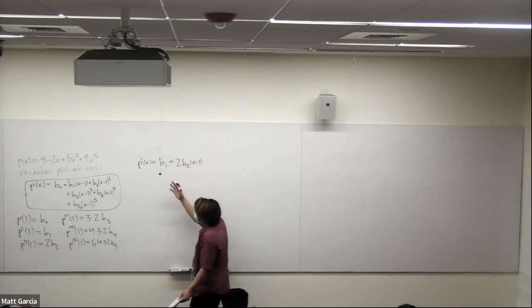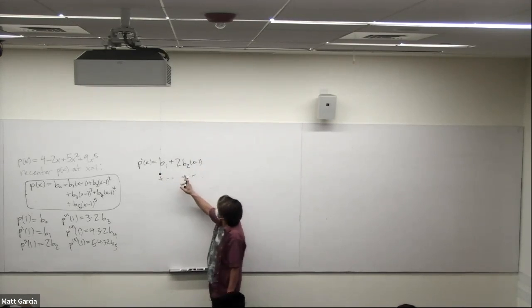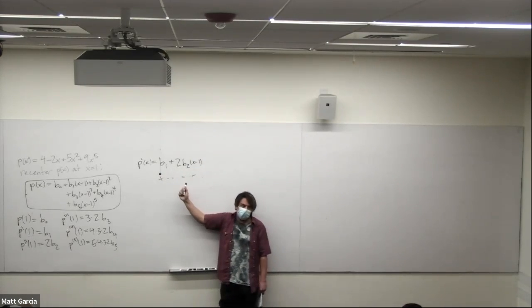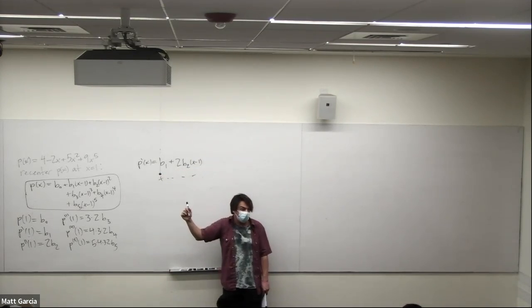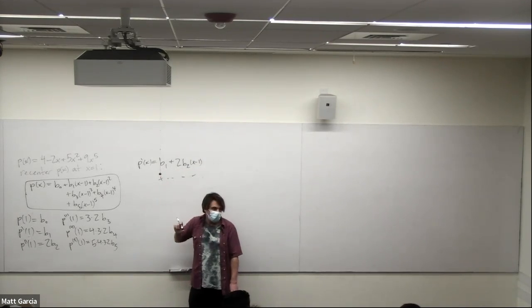And we continue in this fashion. I get more terms, but each term still has a factor of x minus 1, so when I plug in 1, everything but the constant term disappears.